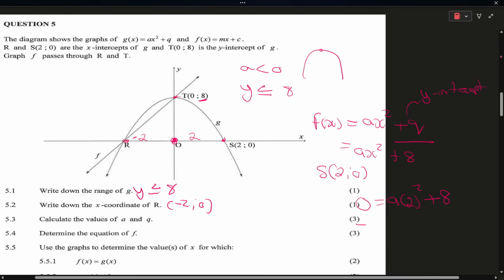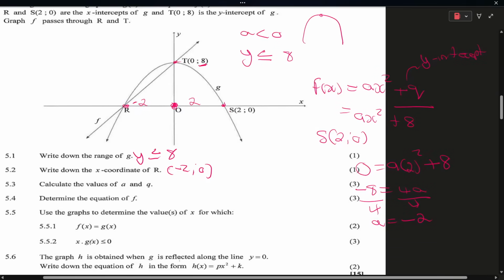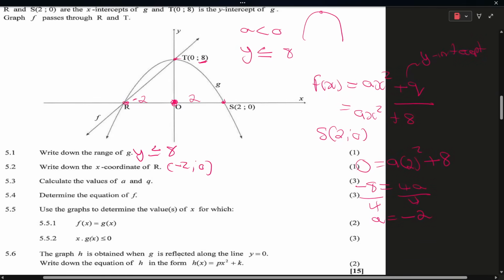It's going to be minus 8 equals 2 to the power of 2, which is 4a. And I divide by 4. So what is the value of a? It's minus 2. Do you get that, class? That's how we solve for the values of a and q.